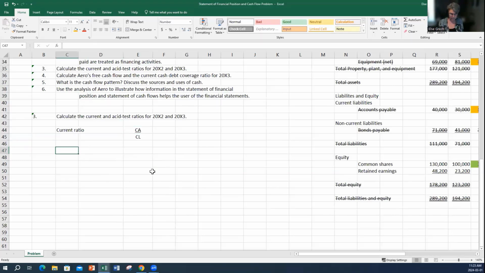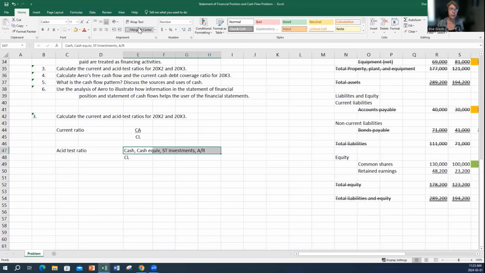Now, the acid test. This is specific current assets only. So this is cash, cash equivalents. It's short-term investments. And it is also accounts receivable. And it is all divided by current liabilities.